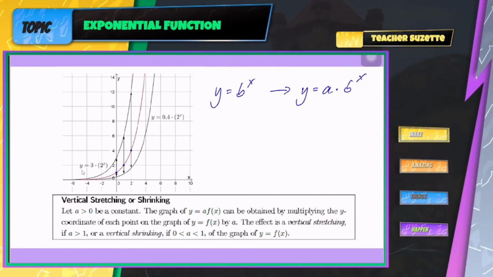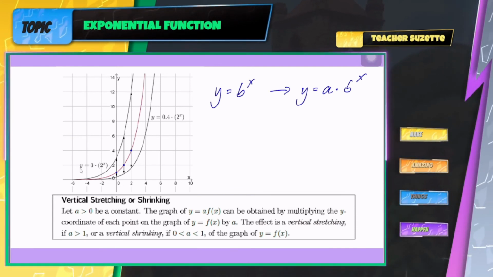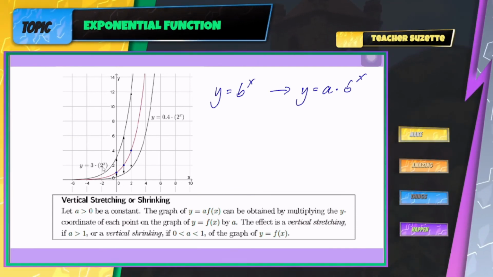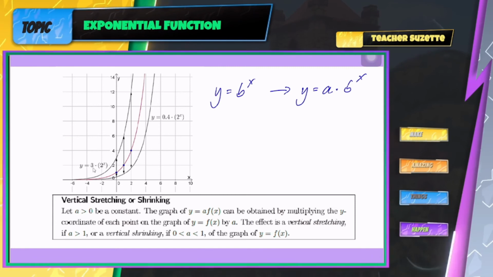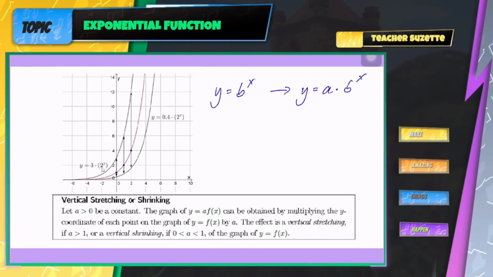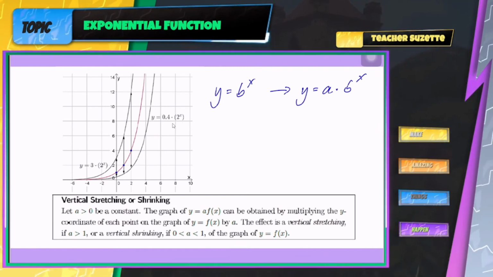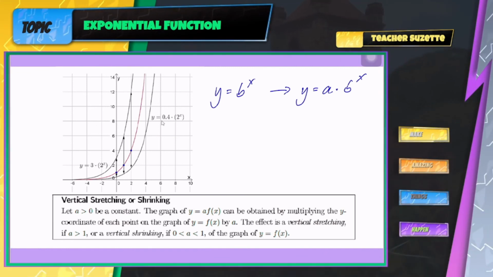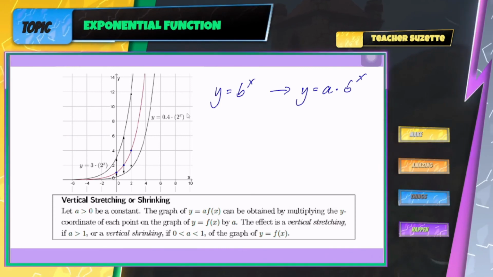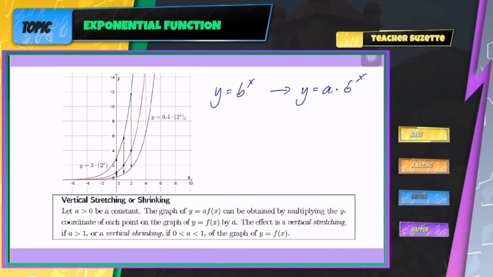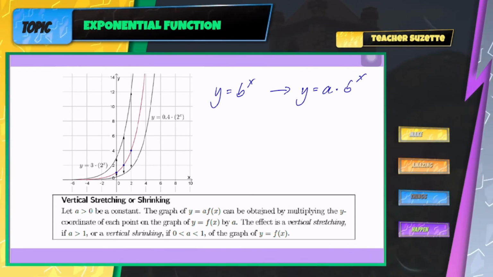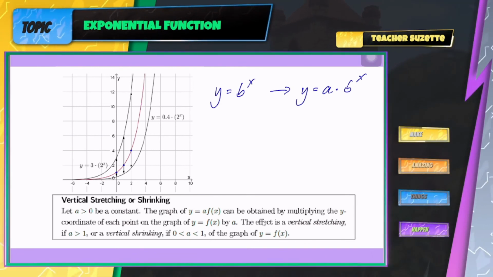So, kanina, to solve for the y coordinates of y is equal to 3 times 2 raised to x, we just simply multiply the 3 to our values of 2 raised to x. Ganun din po, to solve for the y coordinates of this function, we multiply 0.4 to the values of 2 raised to x.